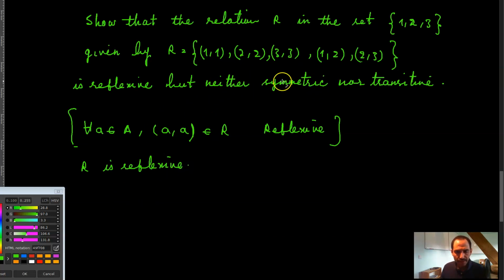Now, about showing that R is not symmetric.